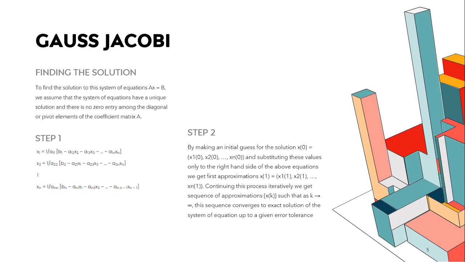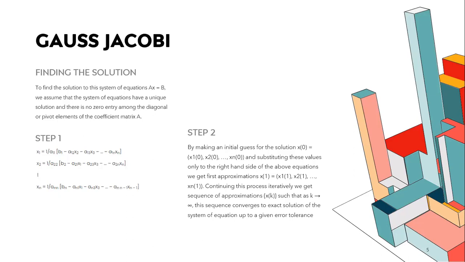For the first step, we pull out x1 for each linear equation, next x2, and so on. Our next step is making an initial guess for the solution, x0, and substituting these values into the right-hand side of the above equations.